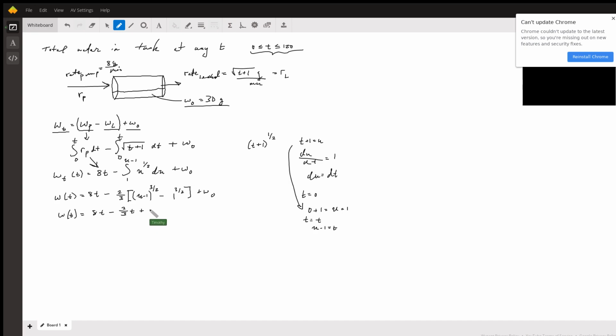So we can say plus 1 plus W naught. And since W naught is 30, we can simplify this to W(t) is equal to 8t minus 2/3 t to the 3/2. That's what I was missing. Plus 31 gallons because W naught is 30. And that should be your general equation.